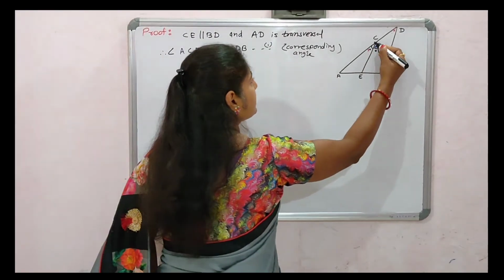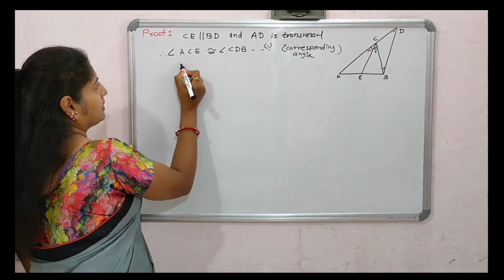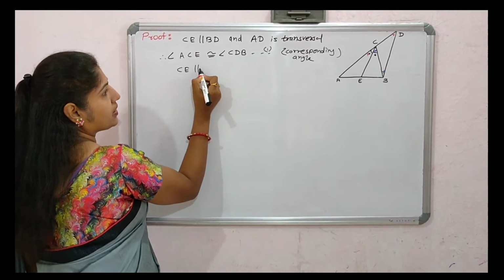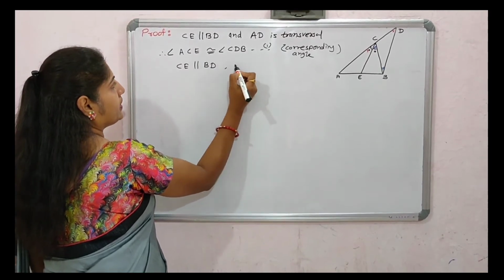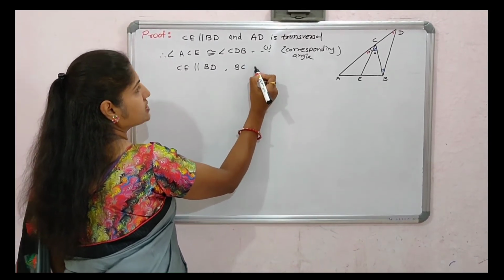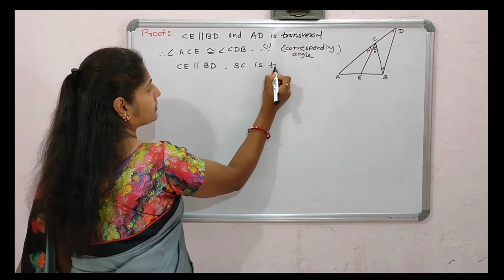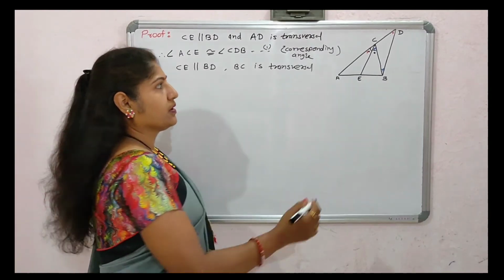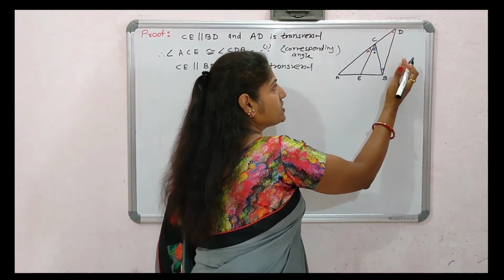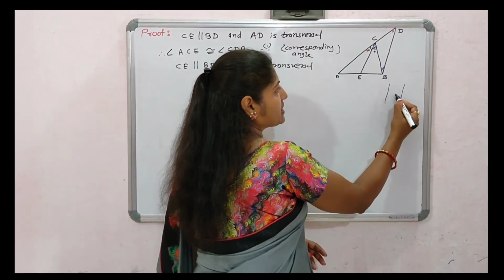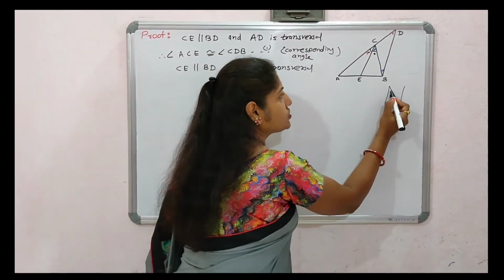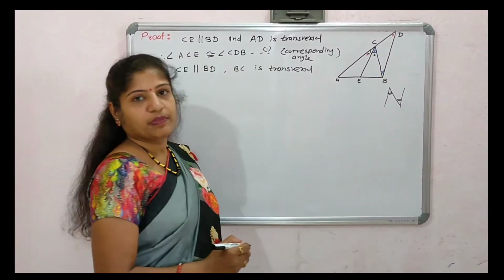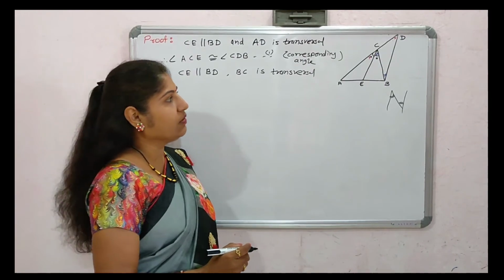Now we take BC as a transversal, with CE parallel to BD. BC is a transversal of these two parallel lines, so a pair of alternate angles are equal.